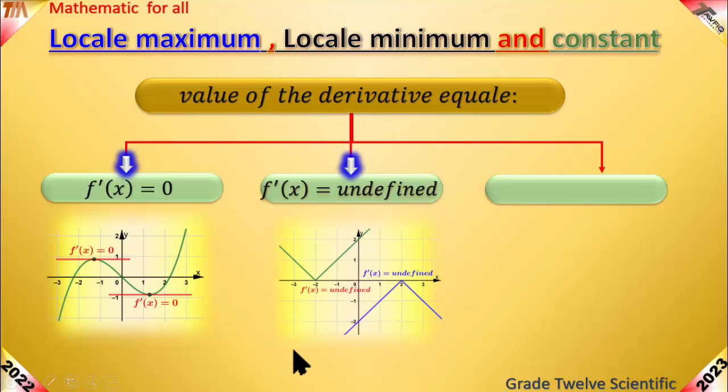But if the graph of the function is like this, it has a sharp head, so the value of f prime is undefined.